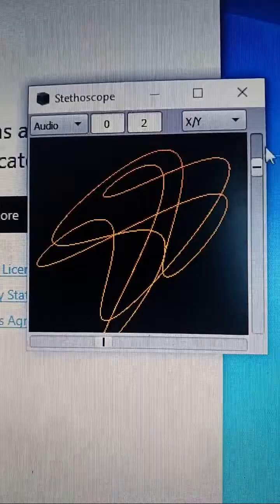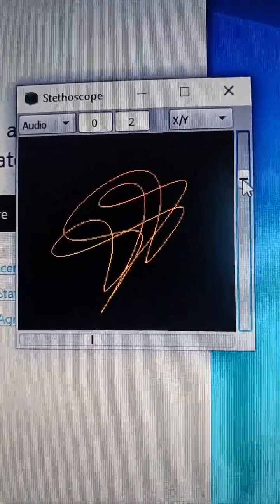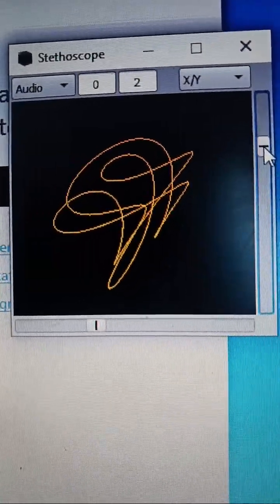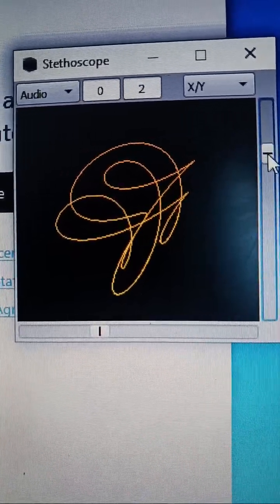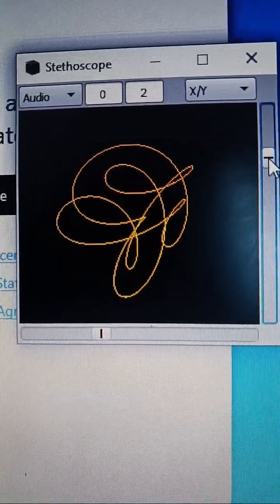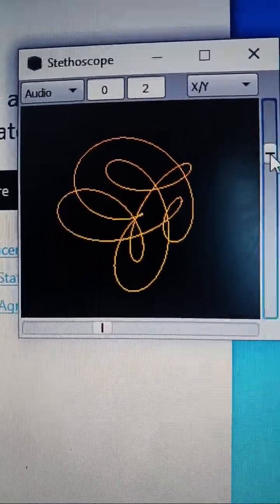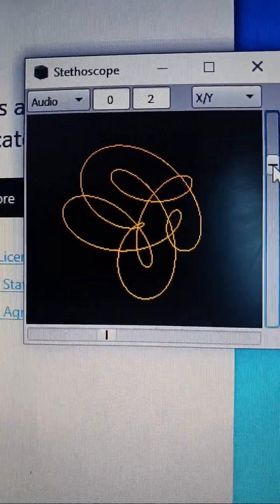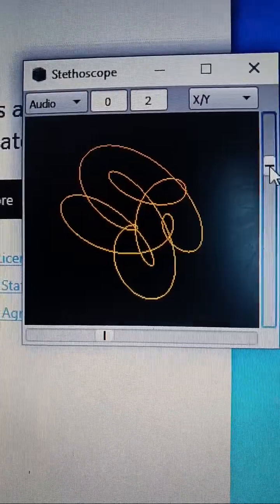Let's scale this down a bit so we can see the whole thing. I mean, look at that. What was that? That's just like two or three oscillators, almost the same frequency.